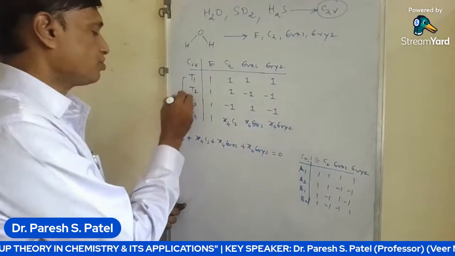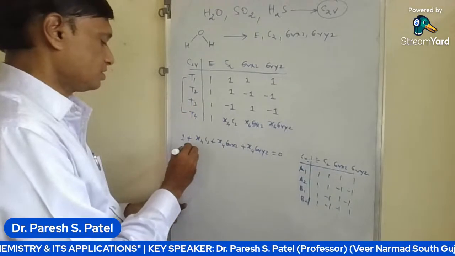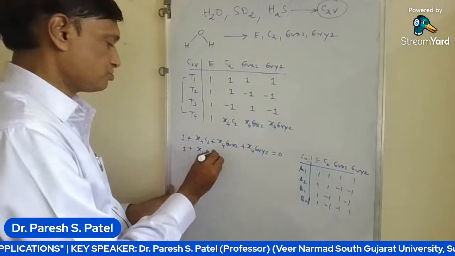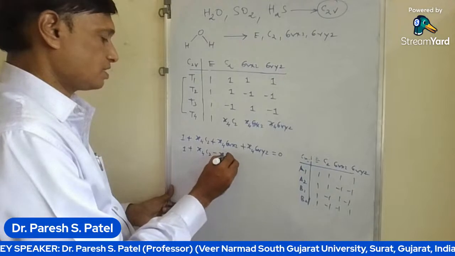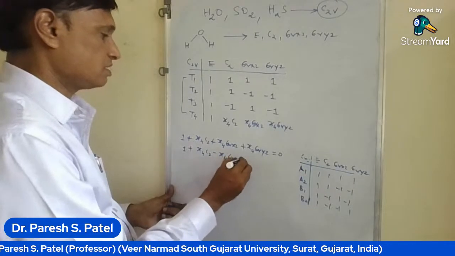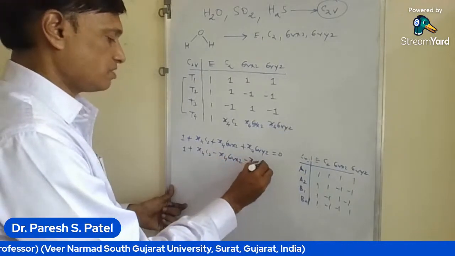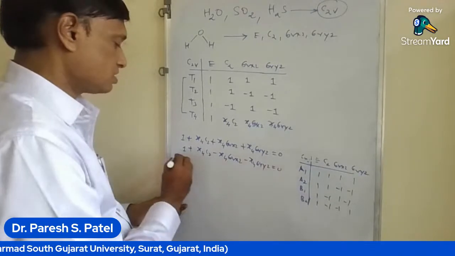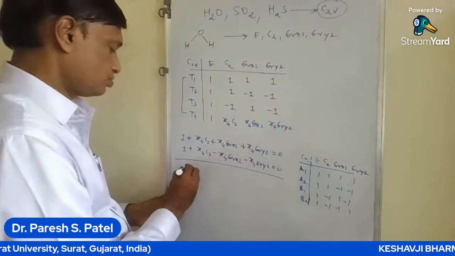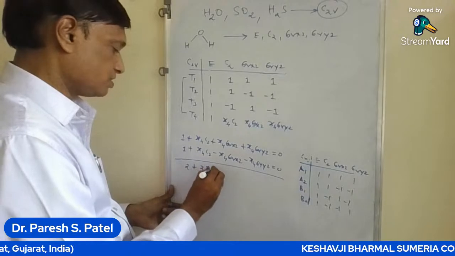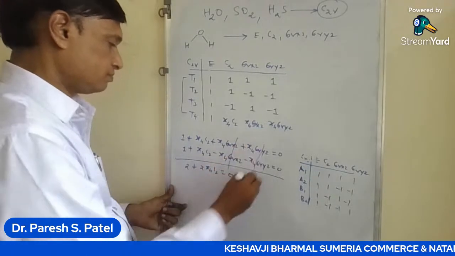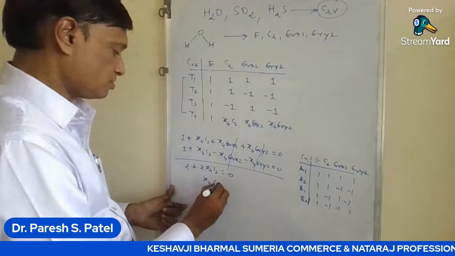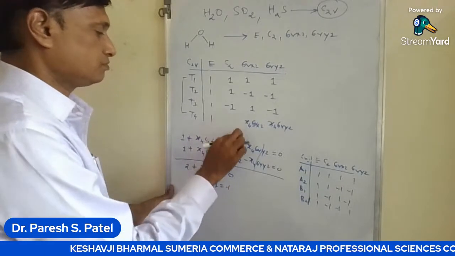And if you go for T2 and T4, 1 plus character 4 C2 minus character 4 sigma v xz minus character 4 sigma v yz is equal to 0. So 2 plus 2 character 4 C2 is equal to 0. It means character 4 C2 is equal to minus 1.